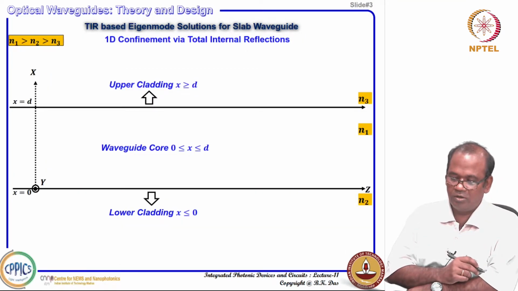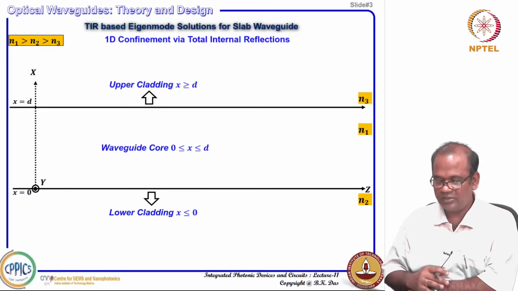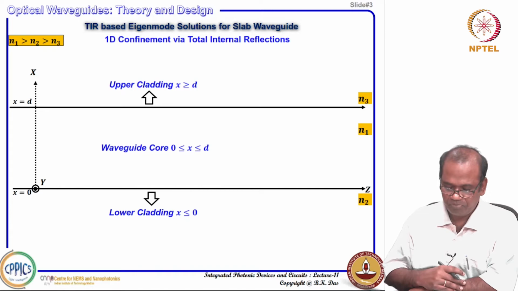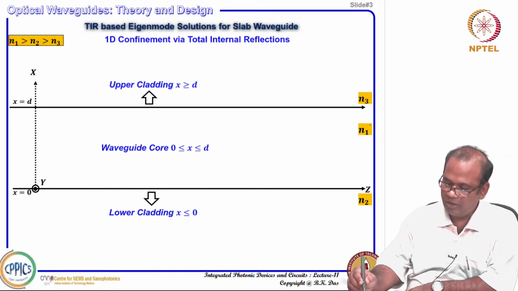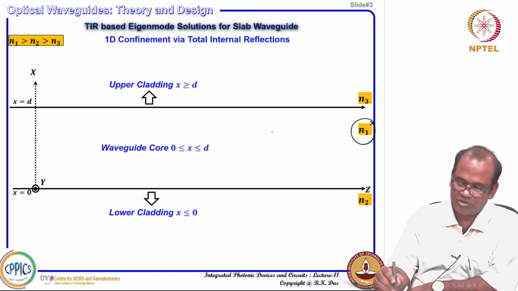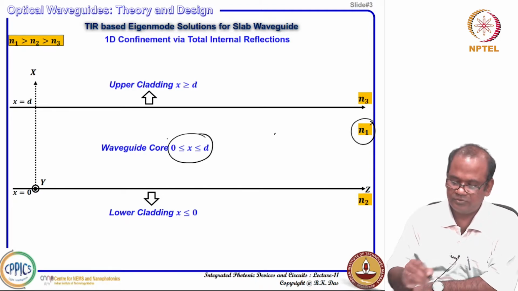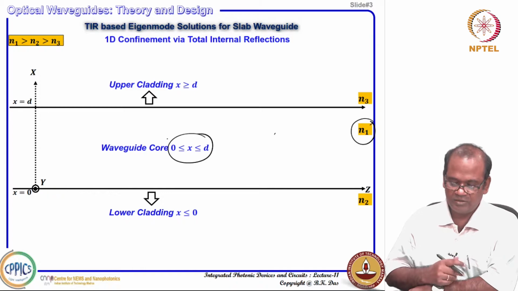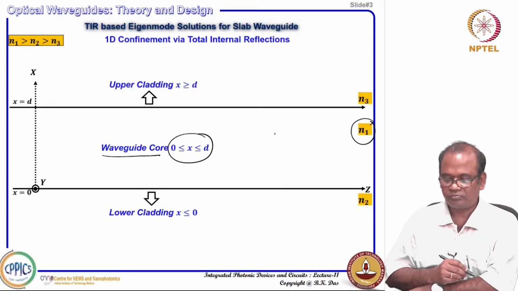So, this is the picture. I just replicated this wafer 3 layer system. This is your N1 core region, stretched between x equal to 0 and x equal to d, that means the thickness is d, and it is called the waveguide core.